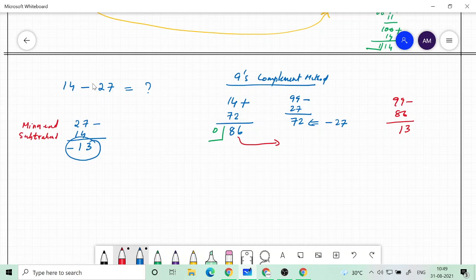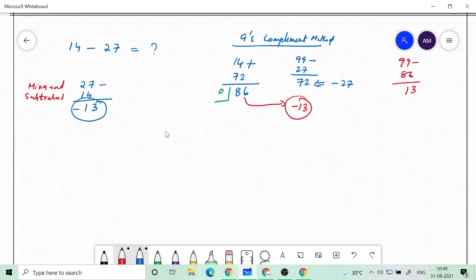So we got minus 13. So 86 is basically minus 13. So that is the correct answer. The answer we obtained is in 9's complement form. So that is basically the method of solving using 9's complement.